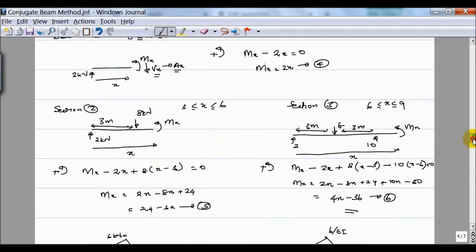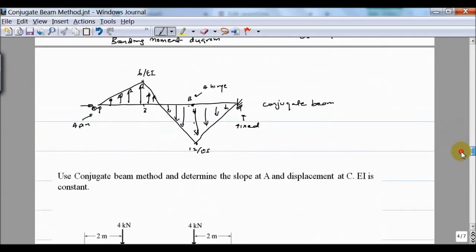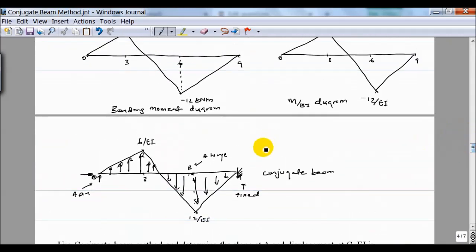So now my question is, we need to find slope and displacement at the end C of the beam. So we need to find slope and deflection at C. That means if I find the shear force and bending moment at this point C, that's enough.